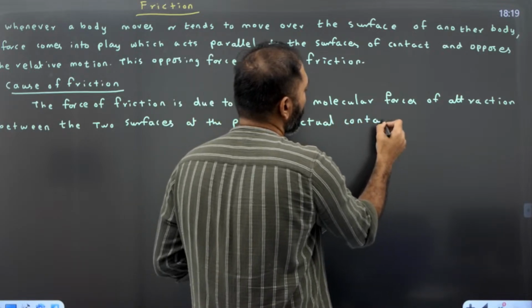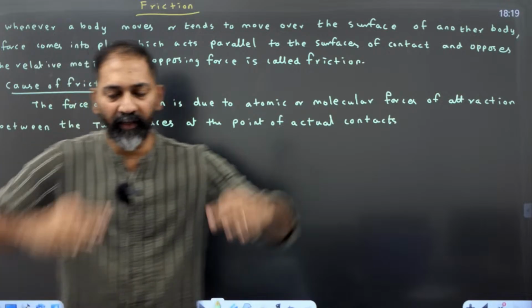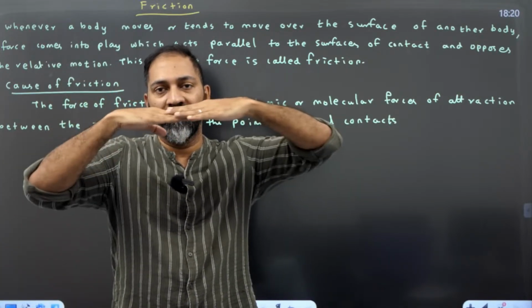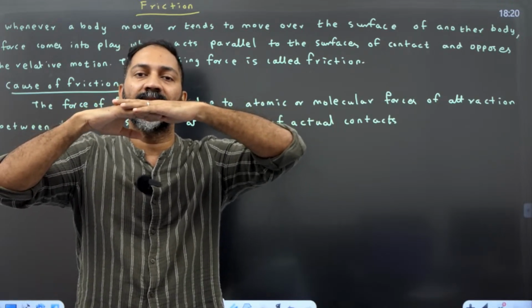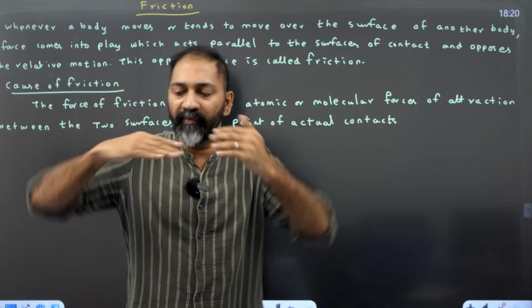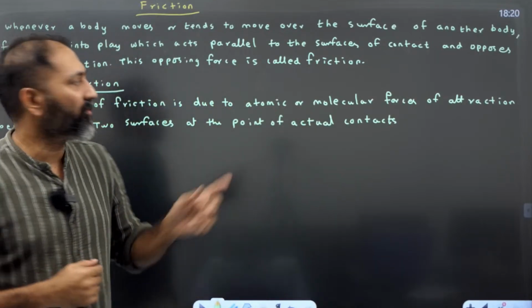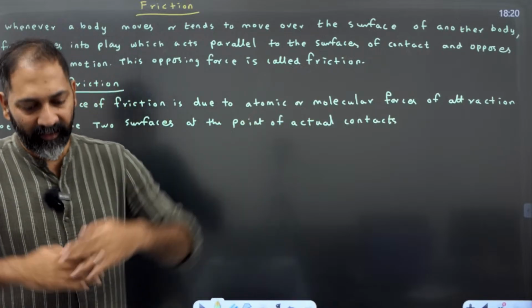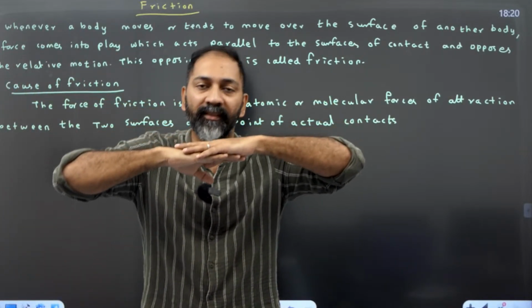Why do we say that? Suppose one surface moves over the top of another surface. These surfaces move parallel, so there will be a force which opposes this relative motion. That opposing force is called friction. Now why is there friction? When you see the two surfaces, you will think they are smooth and polished.